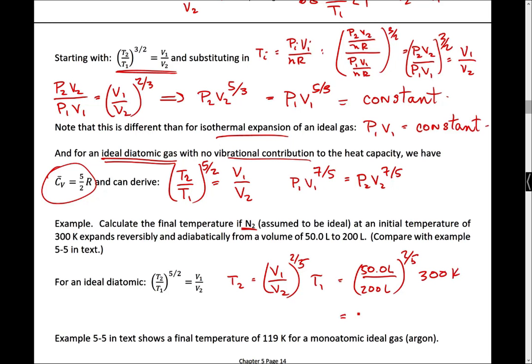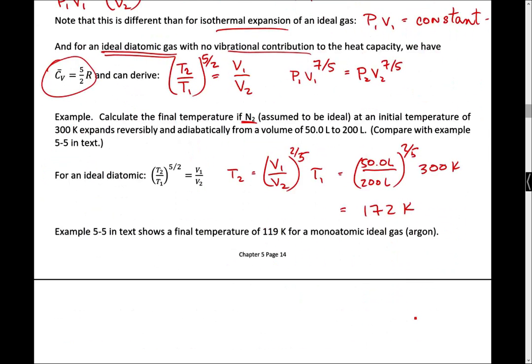And we find that our final temperature is 172 K. Right? So I did want to take a moment and just mention this is different than for a monoatomic ideal gas. And that's because they have different heat capacities. Right? And what we see is that for monoatomic ideal gas, we have a lower heat capacity, which results in a greater temperature change. We're going from 300 to 119 versus 300 to 172.